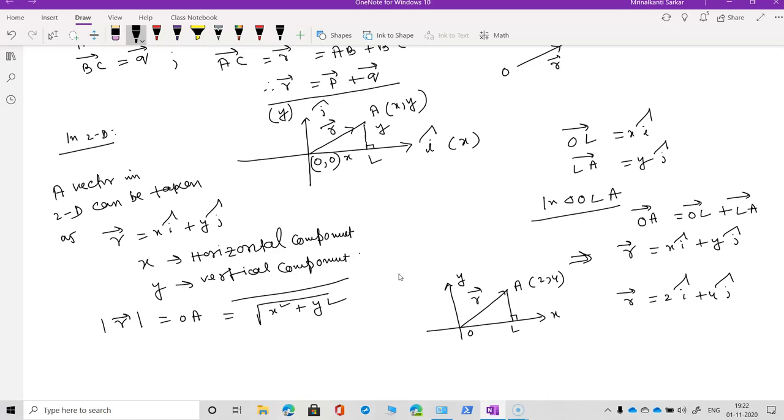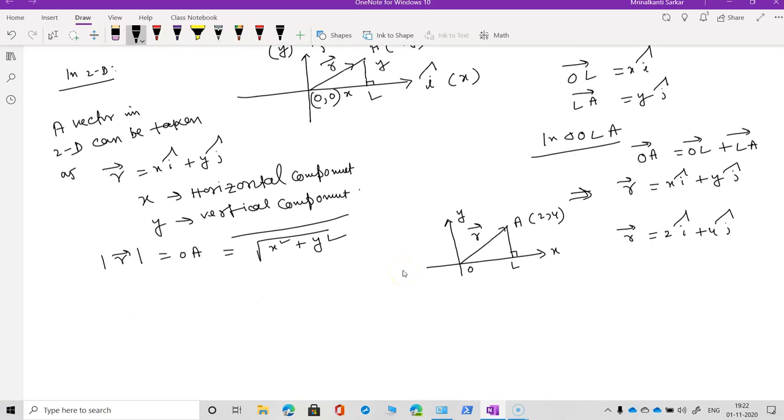Okay, this is mod OA. So another thing: if I have written the vector A, or if I make this thing bold, both will represent a vector quantity. But simply A, if you write, this will be the magnitude of the vector A. This you must remember.